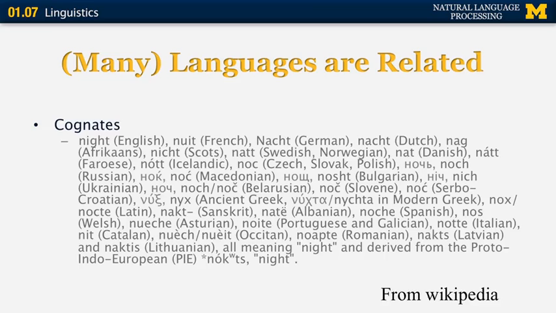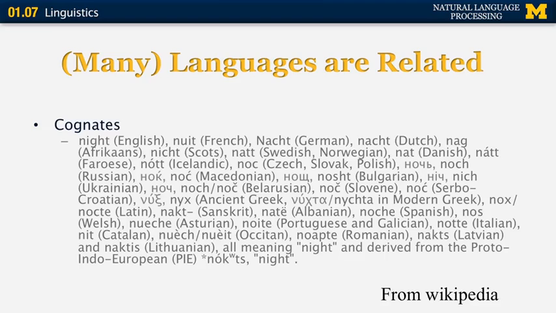The words don't look exactly the same, but they have the same origin. They come from a language called Proto-Indo-European, or PIE, from which all of the currently existing Indo-European languages originate.